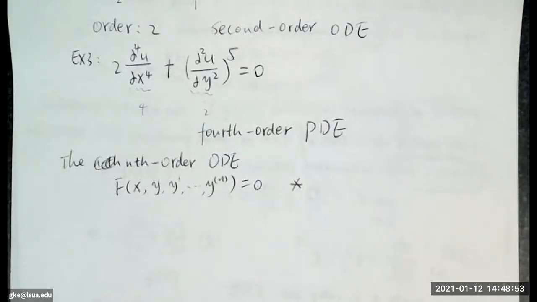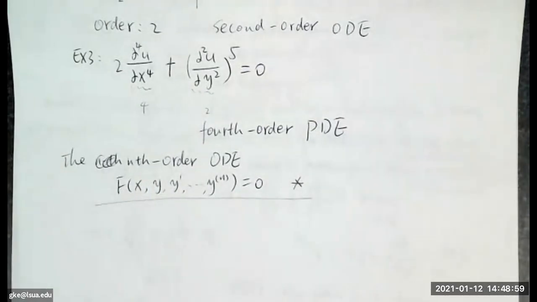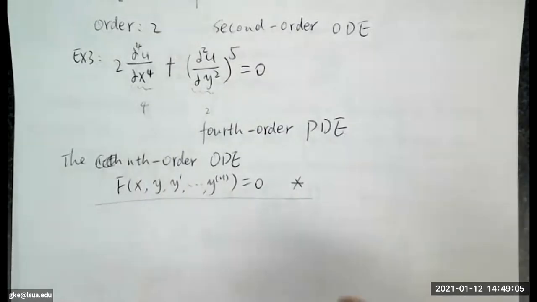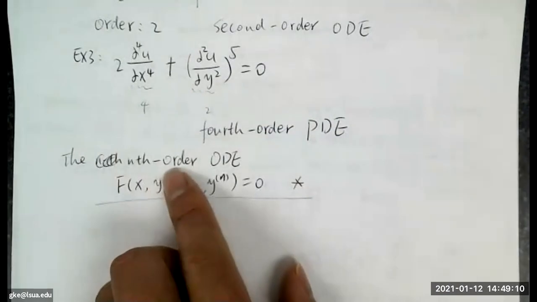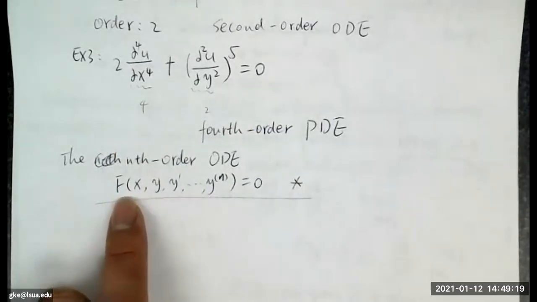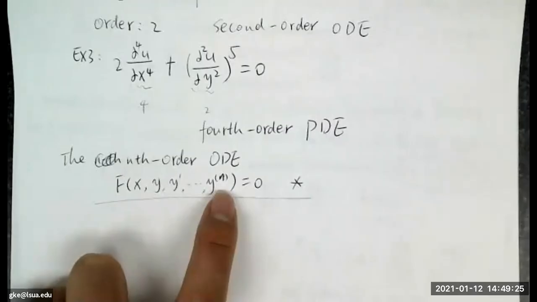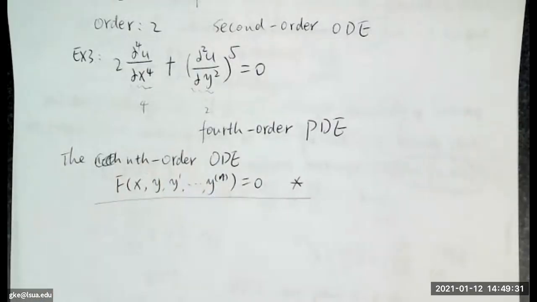We write down the nth order ODE here. And in this function, there's a big function inside. We have first derivative, second derivative, until nth derivative. So we call it nth order ODE. And be careful, here the derivative is only with respect to one variable, that is x. Only one independent variable. So we call it ODE. And here we have nth derivative, so we call it nth order. Okay, so that's the definition for nth order.